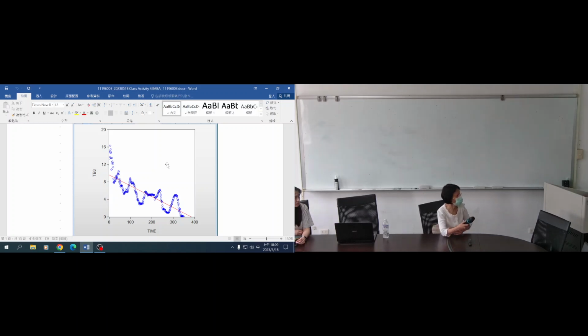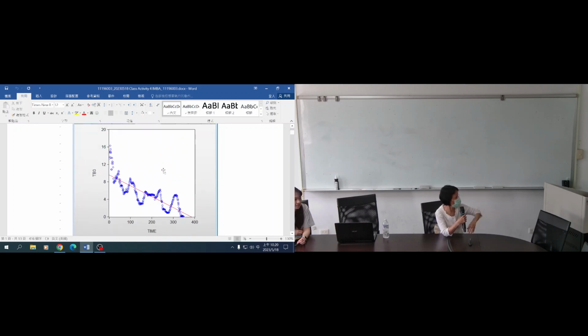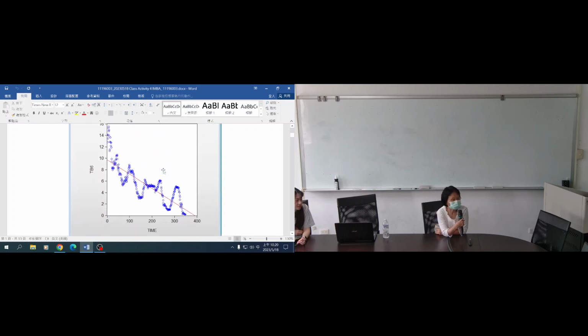Do you mean I have to do the x-axis with TB6, or is time fine? Time is fine. Oh, I mean, TB6 and TB3 on the same diagram. Okay. Yeah, it's okay. It looks pretty similar.